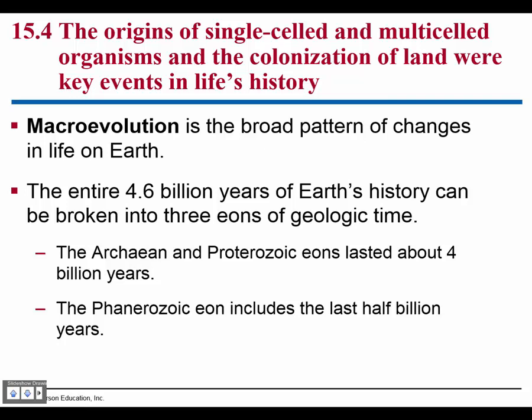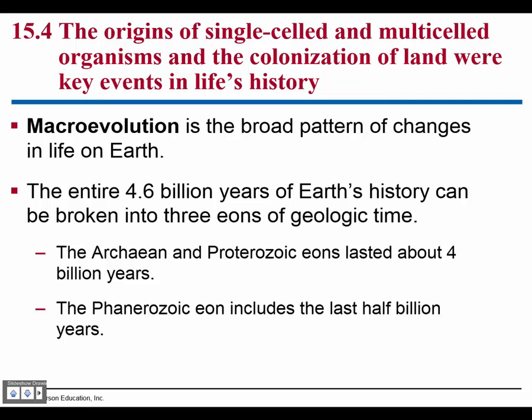So macroevolution, broad patterns of change of life on Earth. So we have 4.6 billion years of history. And so they break it into lots of different time frames, 3 eons and others, to help us sort it out.